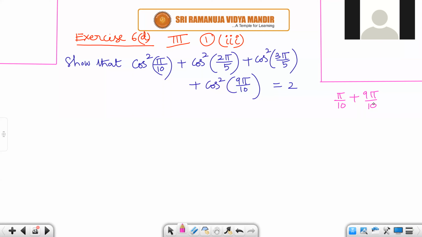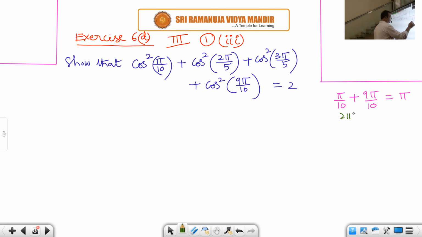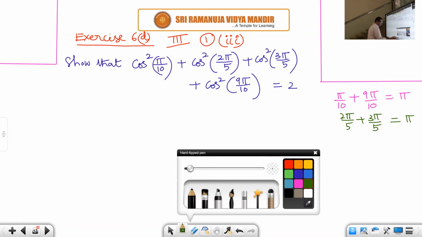Pi by 10 plus 9 pi by 10, 10 pi by 10, that is pi. Similarly, the remaining two angles, 2 pi by 5 plus 3 pi by 5, that is also pi. So we have two pairs of supplementary angles.